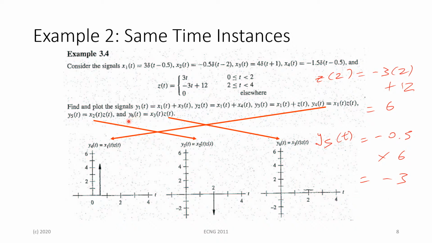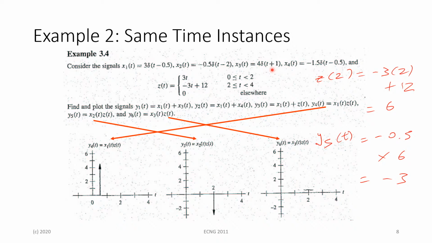Now, funnily enough, let's actually watch the y6 of t signal here. This is a multiplication of x3 of t by z of t. Now, x3 of t occurs at t plus 1 and has a magnitude of 4. And we know that our z of t signal exists for 0 to 4 in terms of time.